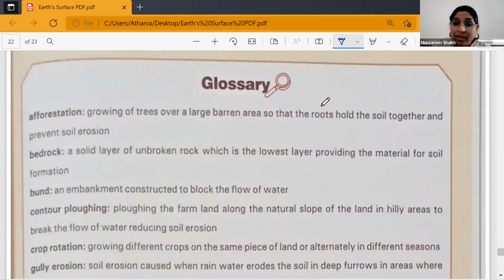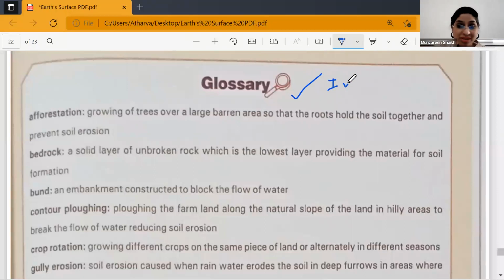You might get an objective question from there, like a definition, a fill in the blanks, a true or false, or match the following. In any objective form, it could be asked. So please revise that as well. You can put a tick to it and write important, so that you know we have to learn the glossaries also.